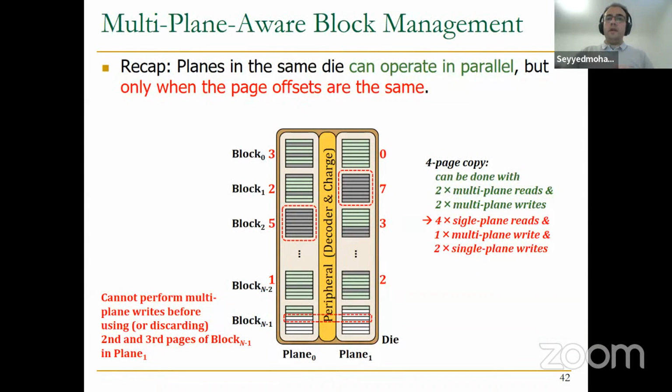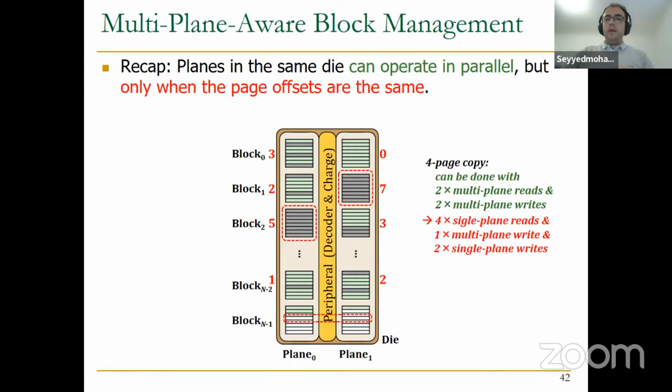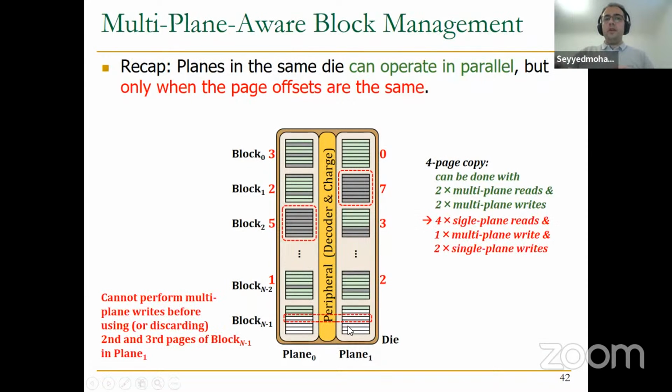Another important overhead is that in block n-1, the FTL cannot do multiplane writes unless it discards the second and third pages of block n-1 in plane 1, right?